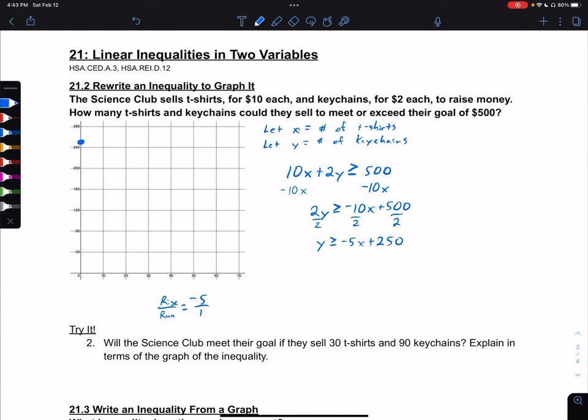The x values here are going up by tens, so what I'm going to recommend is that we multiply this by 10 over 10, and that's going to give us negative 50 over 10, which is going to be a little bit easier for us to graph.